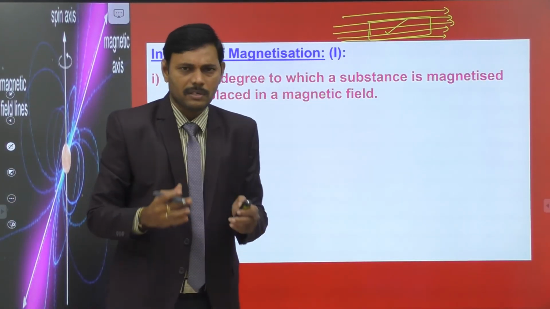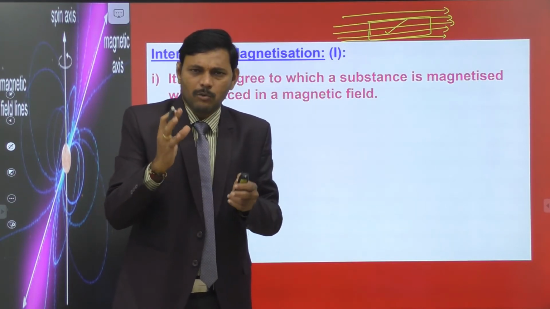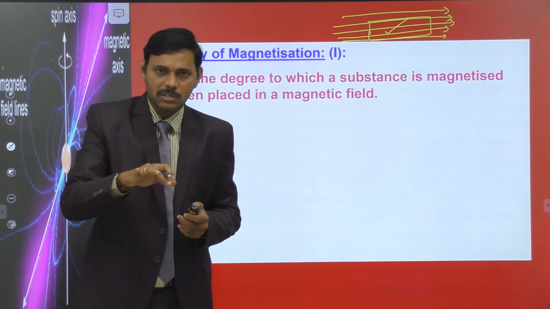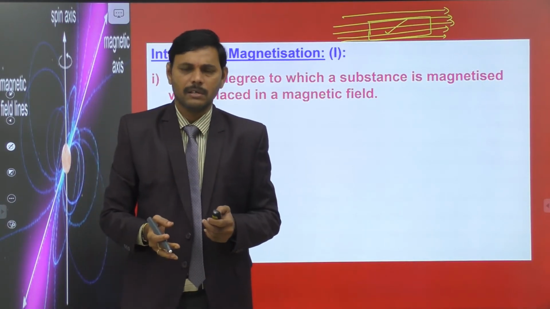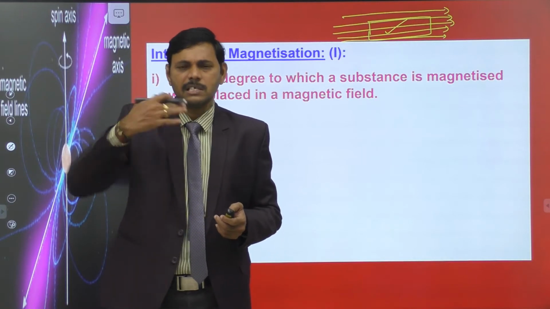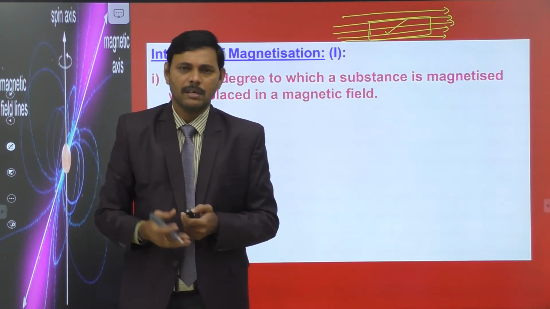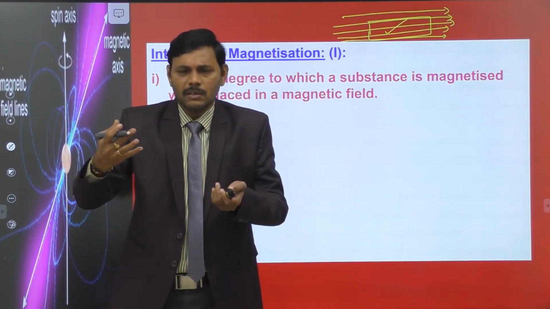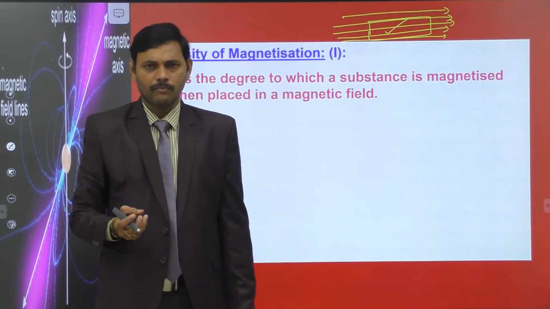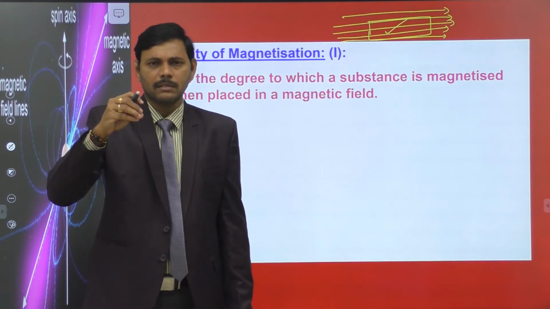is known as intensity of magnetization. Once again, I would like to give the major difference between magnetic intensity and intensity of magnetization. Magnetic intensity is the cause, intensity of magnetization is the effect. We apply the magnetic intensity in a region, that is the applied one.